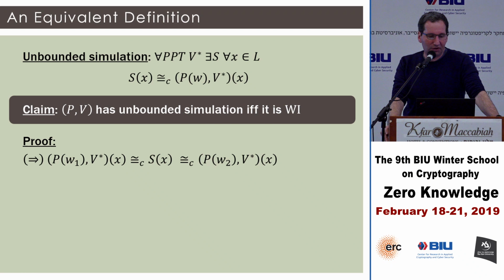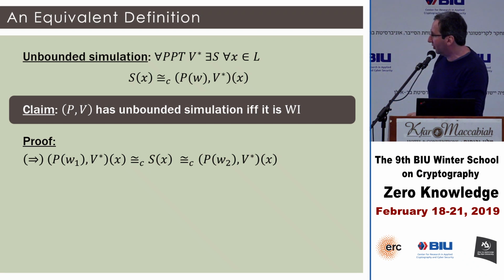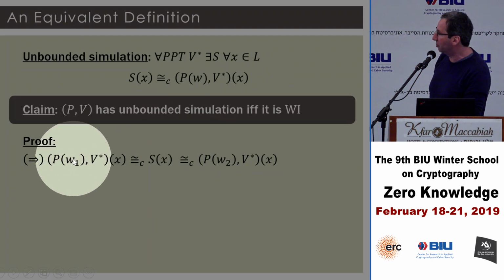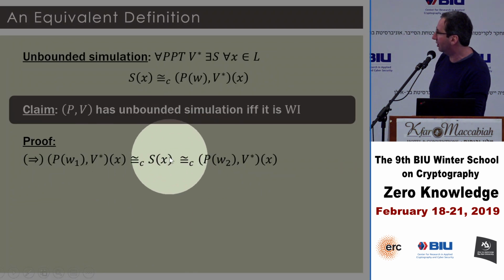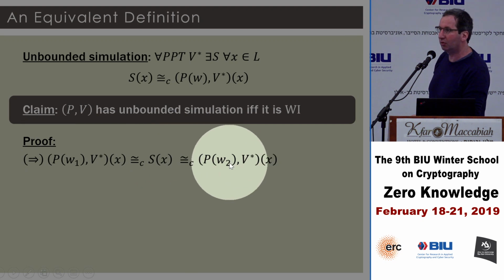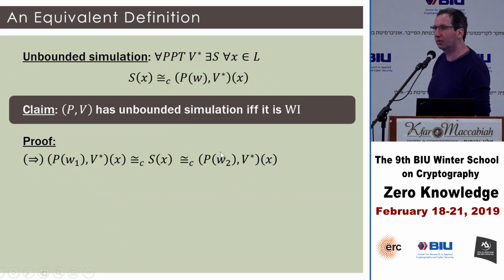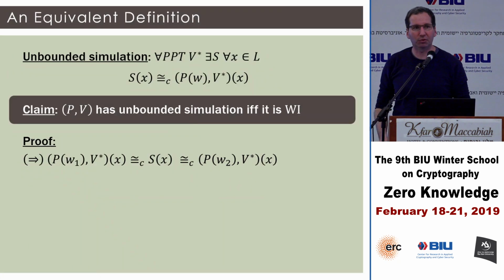The first direction is that if it has unbounded simulation, it is WI, and the way this is proved is by noticing that on the one hand, the simulator is indistinguishable from an interaction where the prover uses W1, and on the other hand, it's indistinguishable from an interaction where it uses W2, so by transitivity, these two are indistinguishable. So this implies witness indistinguishability.